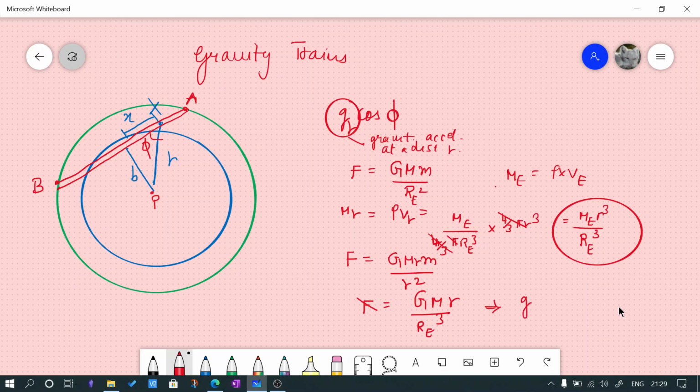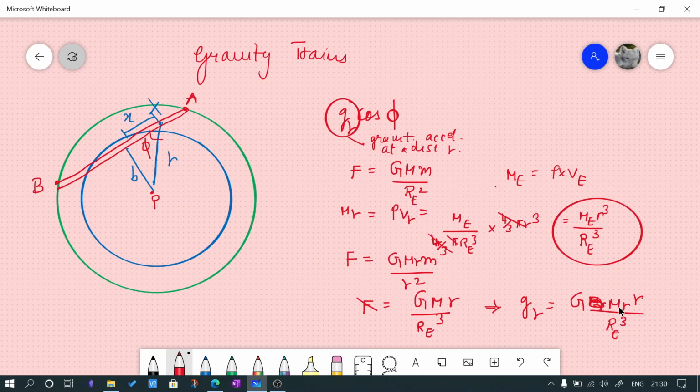So this implies that g_r is G M_e r by R_e cube.